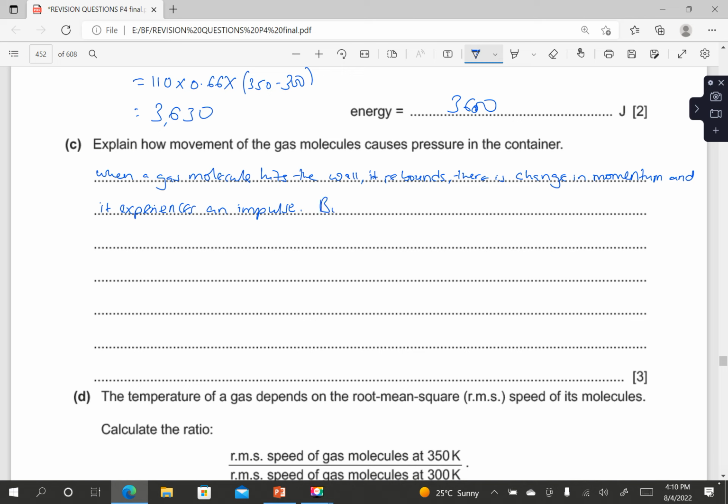And by Newton's third law, the wall also experiences an equal but opposite impulse.